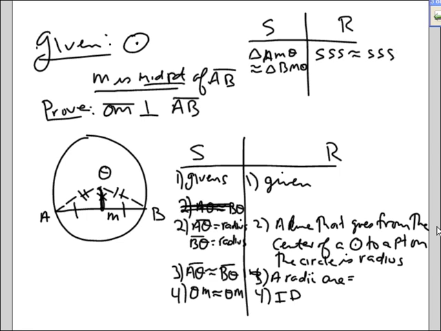Okay, so let's call this angle 1, and let's call that angle 2. Number 6. Angle 1 is equal to angle 2. Corresponding parts of congruent triangles are equal.